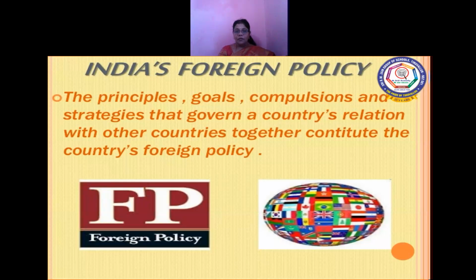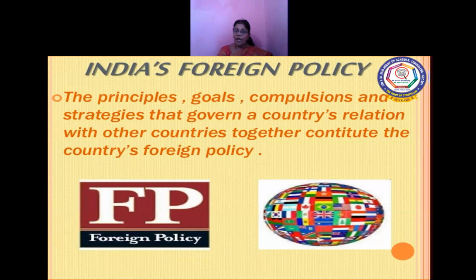So India's foreign policy seeks to secure the basic interests of the people, territory and economy of the country. It is a direct reflection of the country's traditional values and overall national policy.